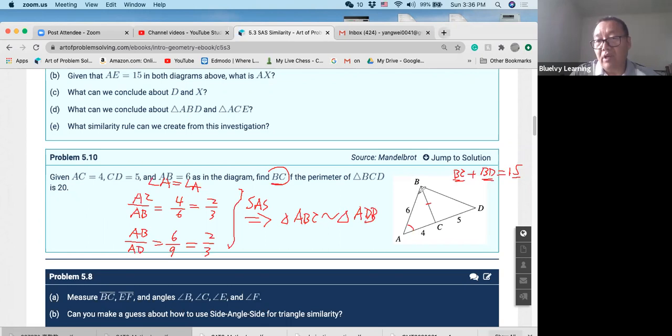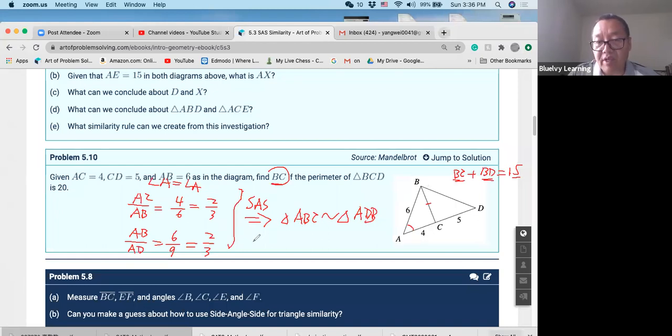Say triangle ABC compared with triangle ABD. AB over AD equals AC over AB.